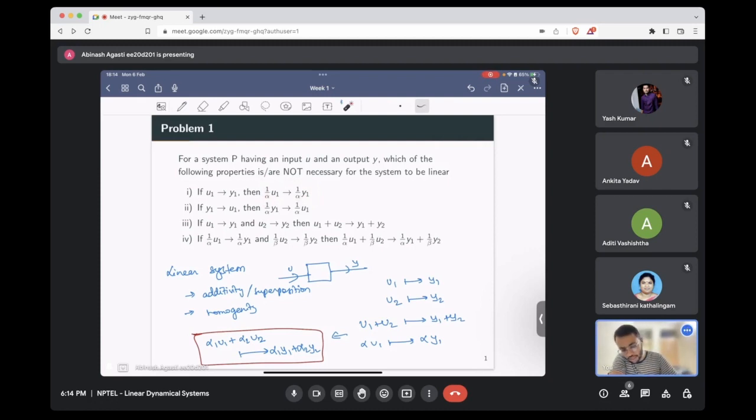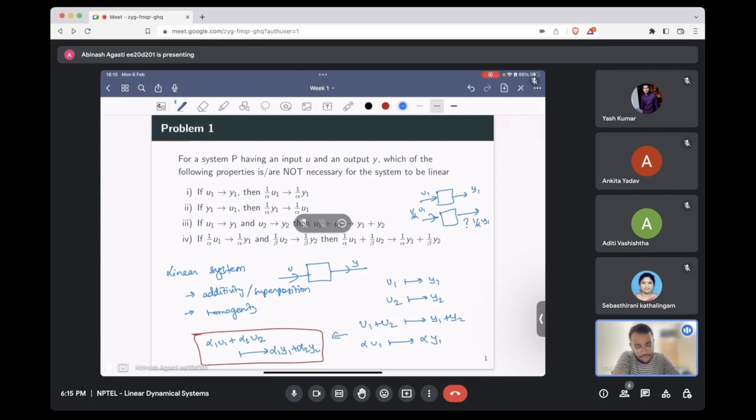I know that given input U1, the output is Y1. If the system is linear, when I give the input 1 by alpha U1, should the output be 1 by alpha Y1? So what is the answer?